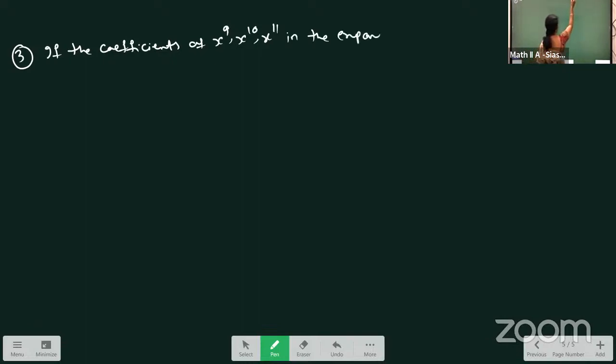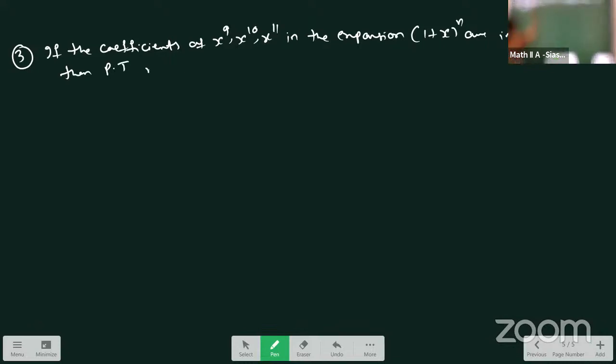If the coefficients of x to the power 9, x to the power 10, x to the power 11 in the expansion of (1 plus x) whole to the power n are in AP, AP means arithmetic progression, then prove that n square minus 41n plus 398 is equal to 0.